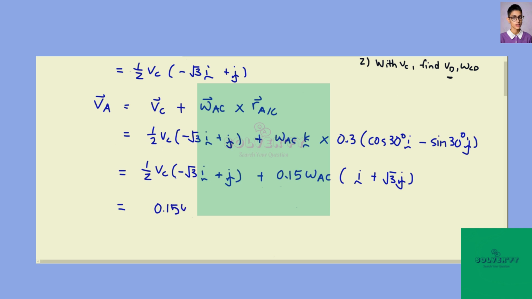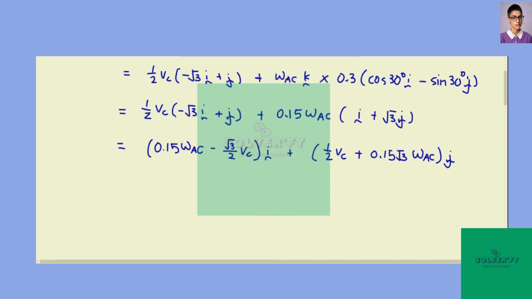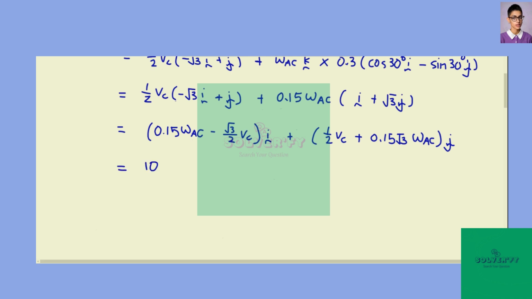So 0.15 omega AC minus root 3 over 2 VC I plus half VC plus 0.15 root 3 omega AC J. And then this is equal to 10 root 2 minus I plus J.